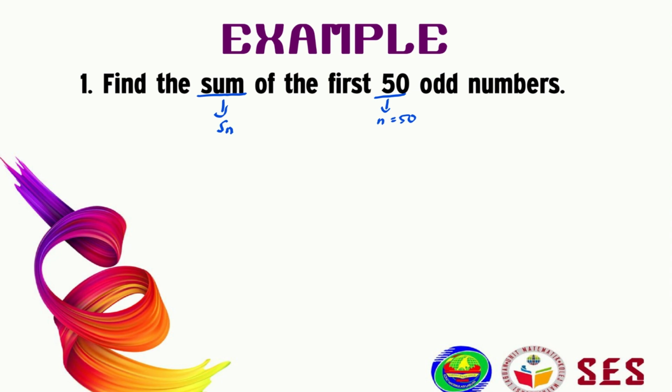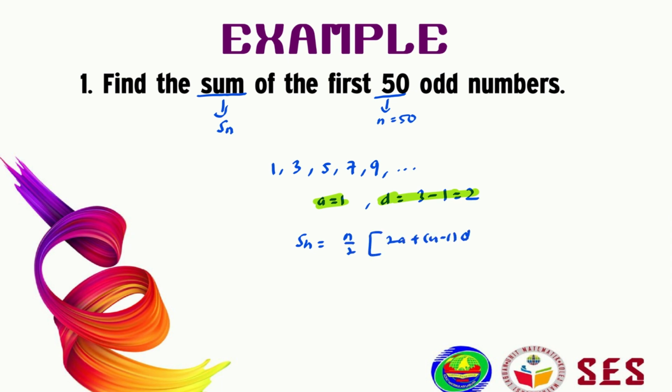Listing down the terms first, the first 50 odd numbers are 1, 3, 5, 7, 9, and so on, where our a equals 1 and d equals 3 minus 1 equals 2. So substitute this a and d into the Sn formula. I'm writing down the formula first: Sn equals n over 2 times (2a plus (n minus 1)d).